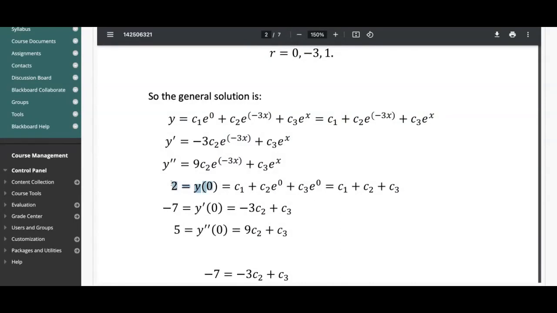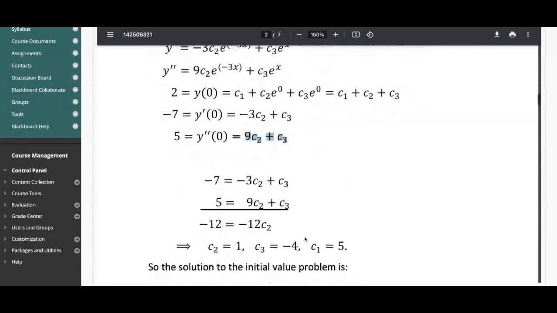Then plug in the initial values. y of 0 equals 2, we get this equation, C1 plus C2 plus C3 equals 2. Plug in y prime of 0 equals negative 7, we get negative 3C2 plus C3 equals negative 7. For the second derivative at 0, we get 5. So I have 3 variables, C1, C2, C3, and 3 equations, guaranteed to be solvable.